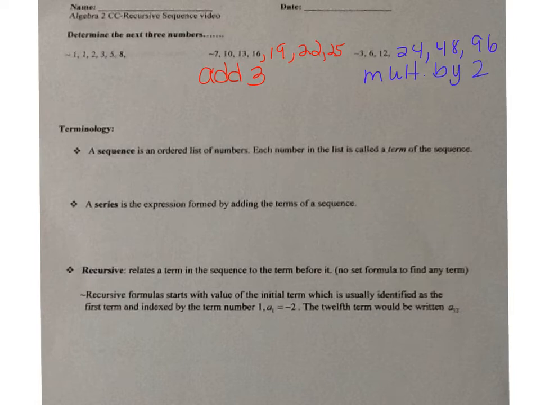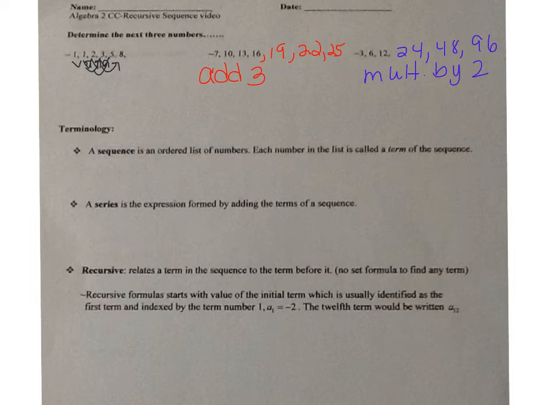All right, so let's take a look at the first one. I have 1, 1, 2, 3, 5, 8. So what would the next number be? Think about it. Hopefully you notice that to get the next number, 1 plus 1 is 2, and then 1 plus 2 is 3, and 2 plus 3 is 5, 3 plus 5 is 8.